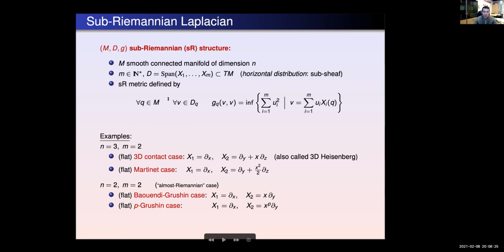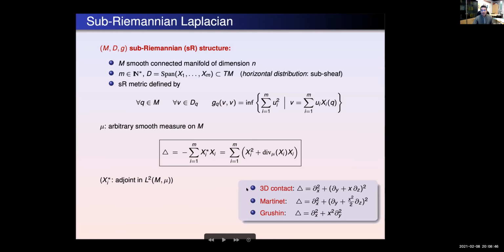So in general, this is a sub-Riemannian structure, and on the horizontal distribution D, you are defining the so-called sub-Riemannian metric just by requiring that the m vector fields are g-orthonormal. Now, let us define the main object of interest, that is the subelliptic Laplacian, the sub-Riemannian Laplacian, that we denote by delta.